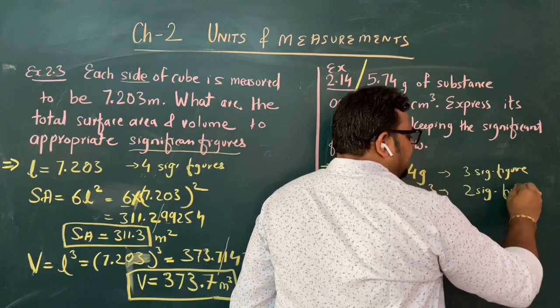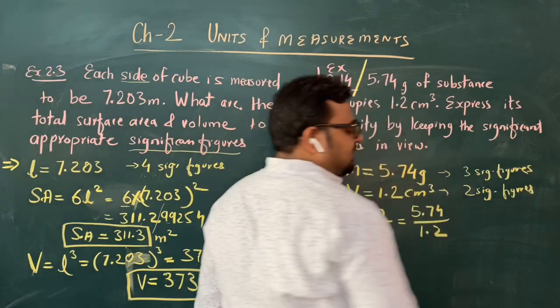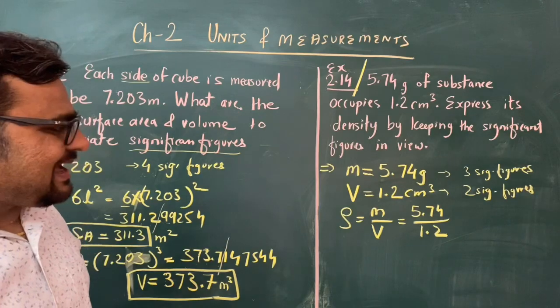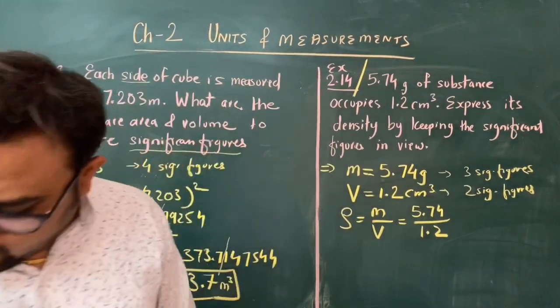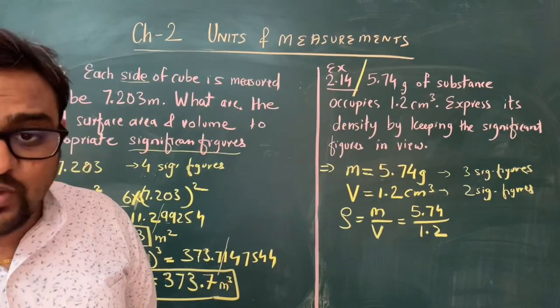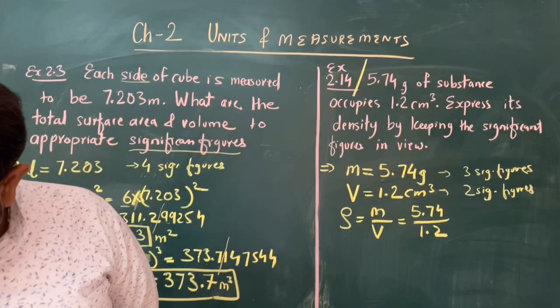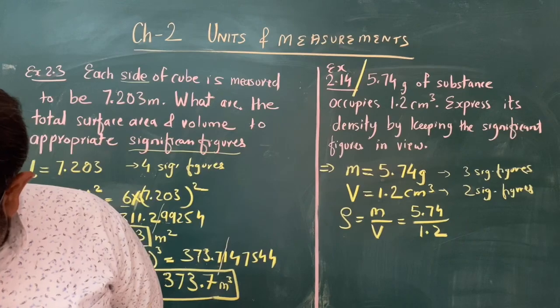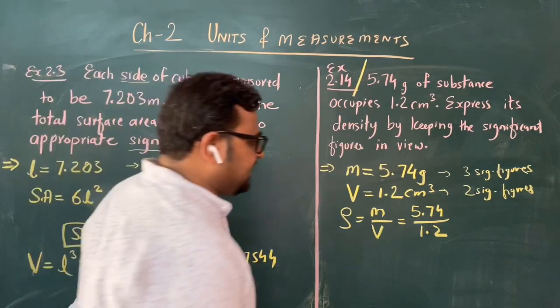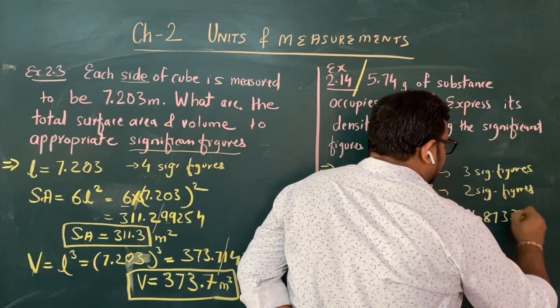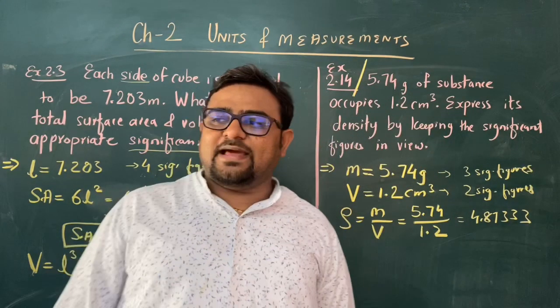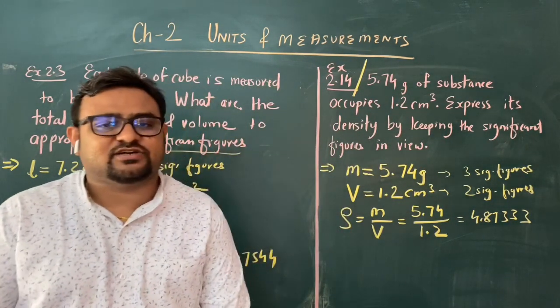Two significant figures. Clear? Now when I divide 5.74 by 1.2, I get 4.87333.